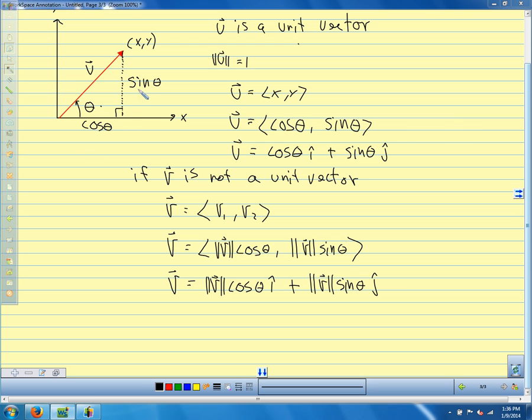And if we only knew the x and the y coordinates, these two sides of the triangle, how would we find the angle? How could we figure out the angle? So let me draw a picture here. So this is v. And this component is v1, and the y component is v2, and that's theta. How would we find theta there?